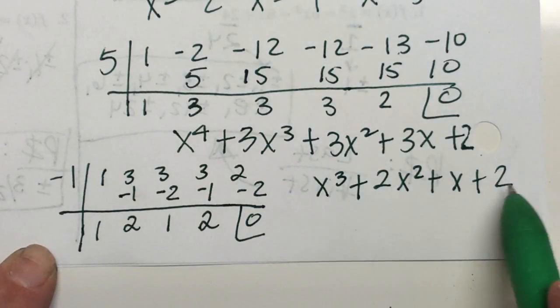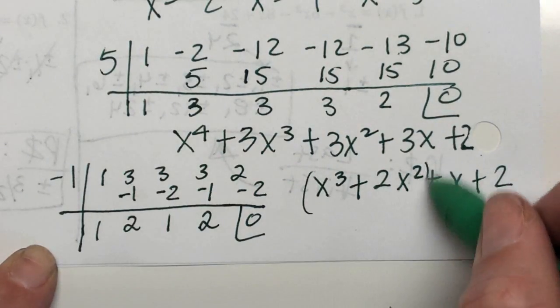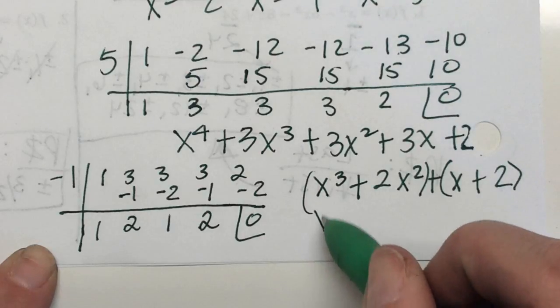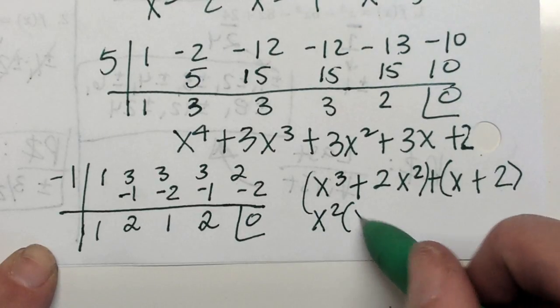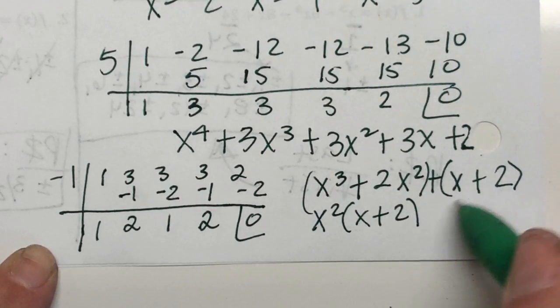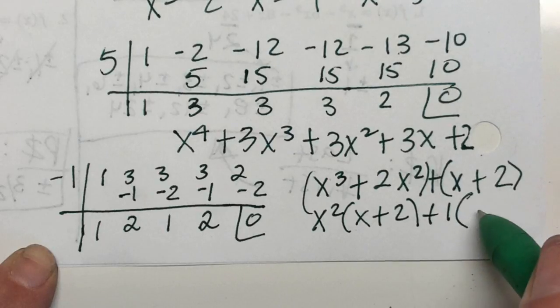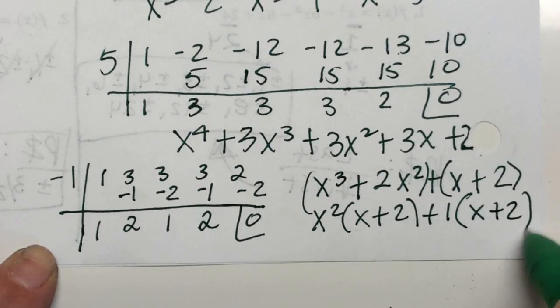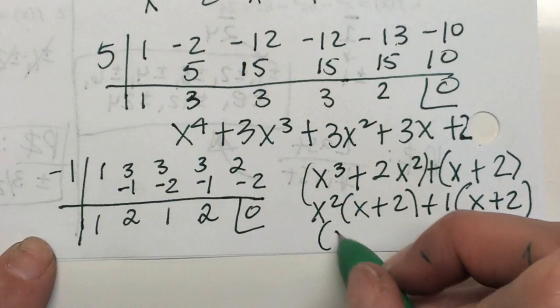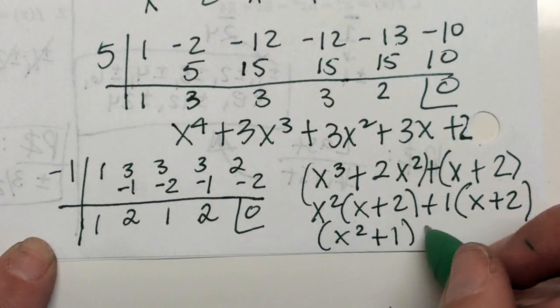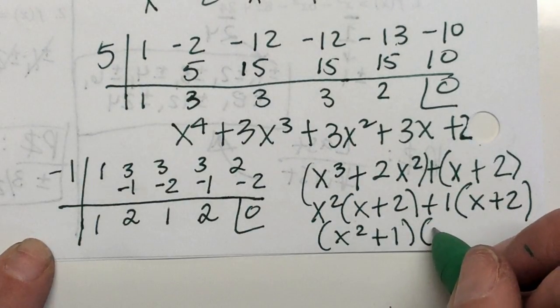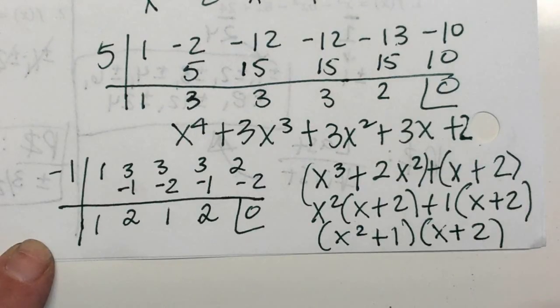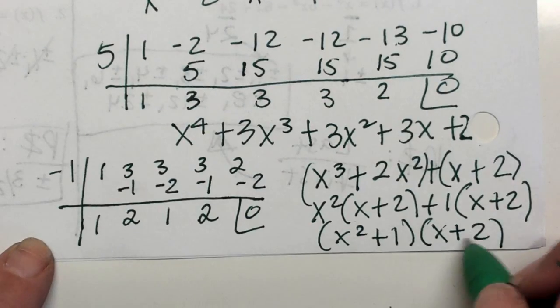Alright, we have to factor this by what? Good. What can I take out? In the middle? What can I take out here? And very good. So I would have x squared plus 1, right? And x plus 2. Alright, if I set this one equal to 0, I'd have what? -2.